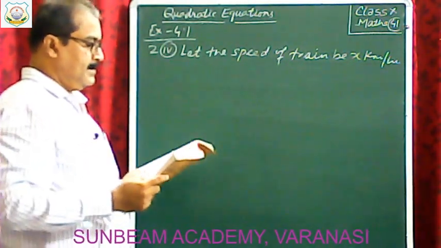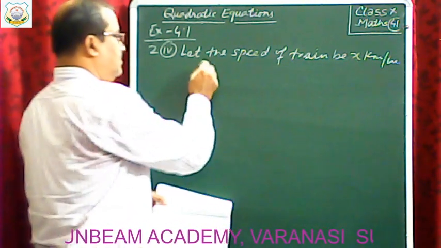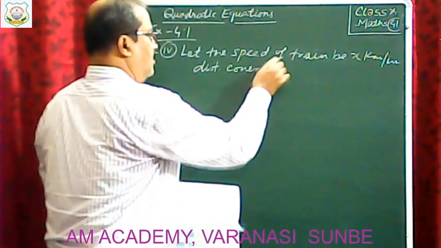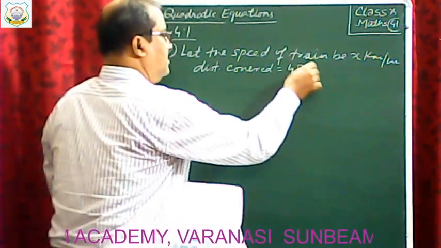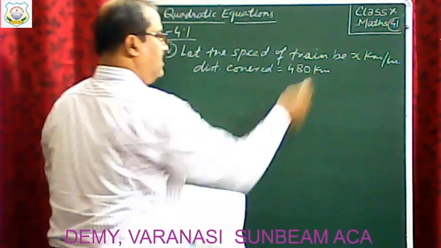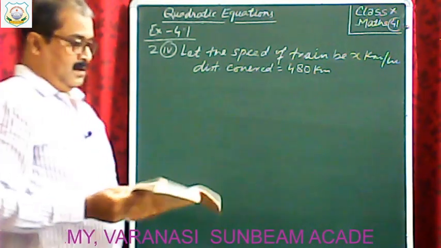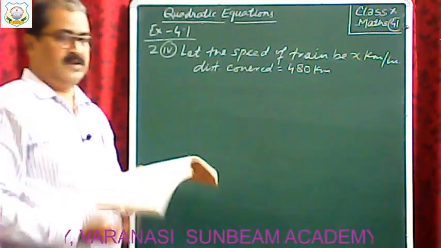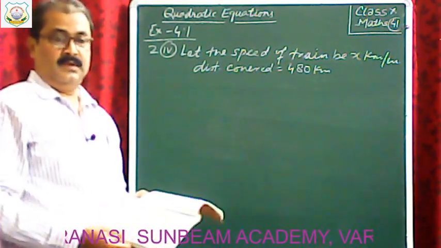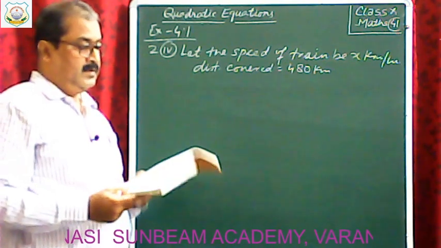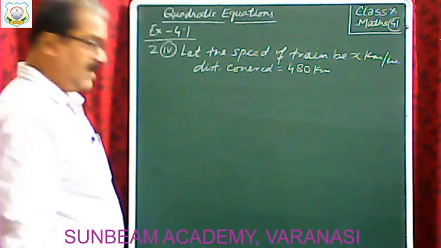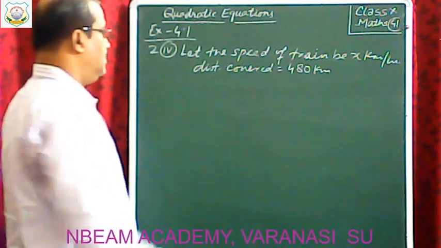Distance covered is given: 480 kilometer. Comparison is given between time. If speed is reduced by 8 km per hour, then time increases by 3 hours. We have to find out the time in both the cases. Then time taken.